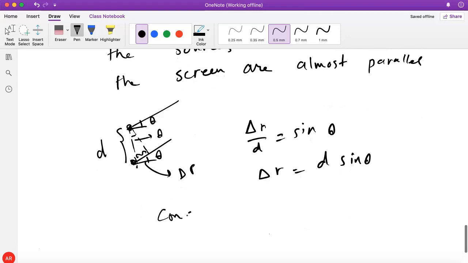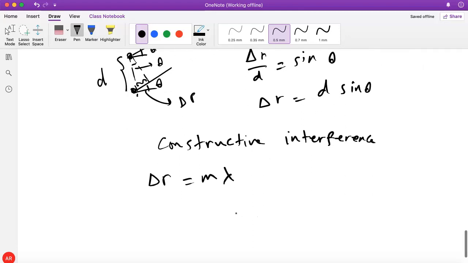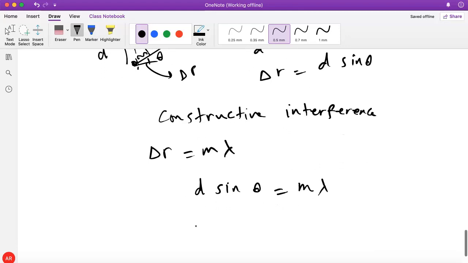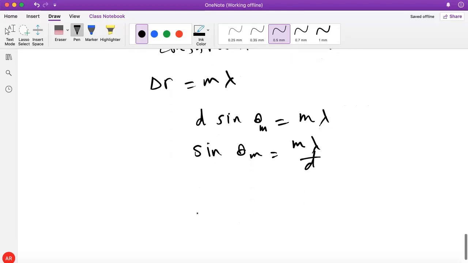For constructive interference, we want delta r to be m lambda. That means d sine theta is m lambda. So let's call this theta m; for each m, we're going to get a theta. So sine theta m is m lambda over d.